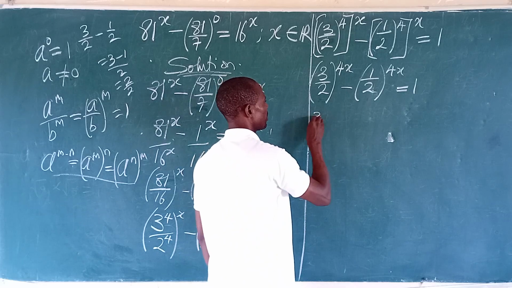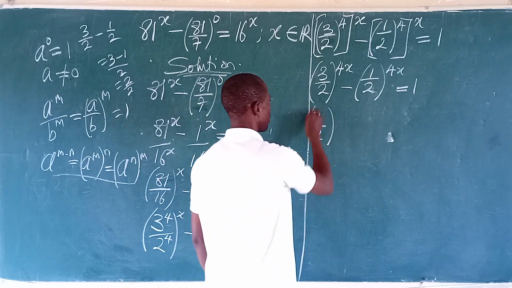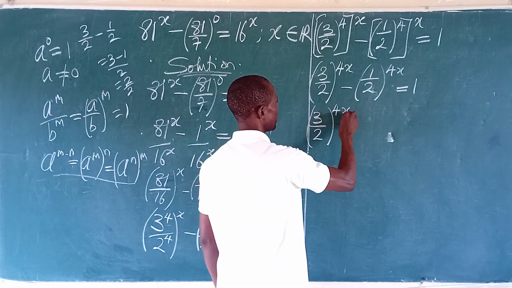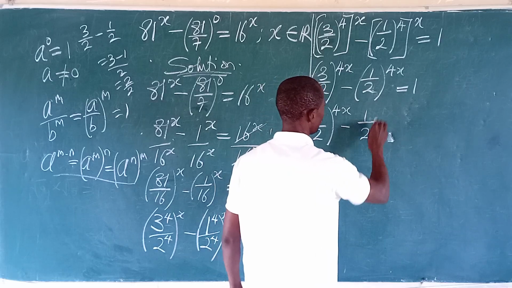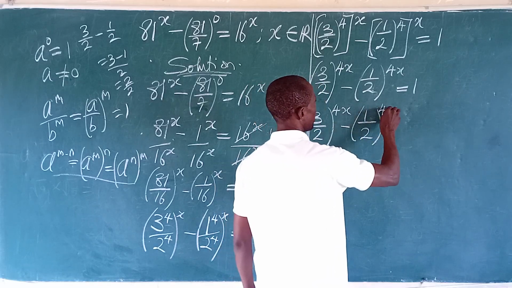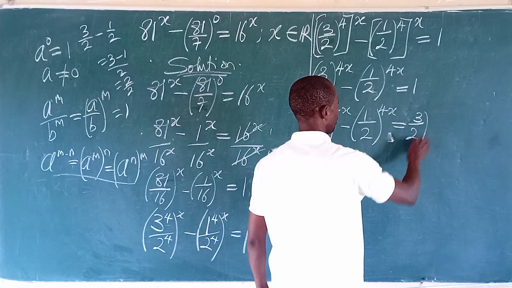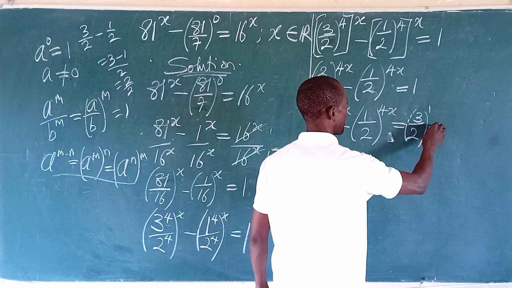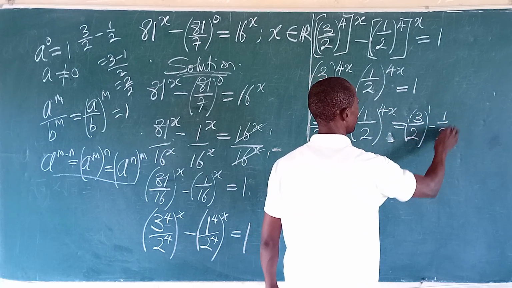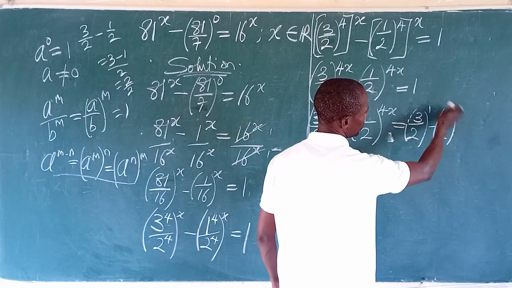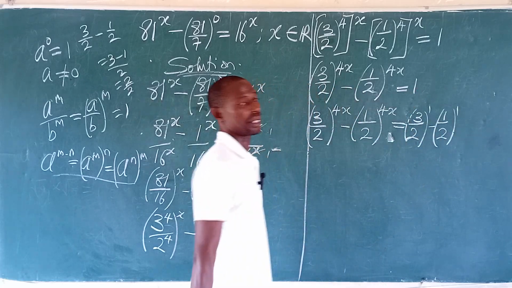And so this is going to give us 3 all over 2 all raised to the power of 4x, minus 1 all over 2 all raised to the power of 4x, equal to 3 all over 2 all raised to the power of 1, minus 1 all over 2 all raised to the power of 1. Everything we have here is the same thing as 1 here.